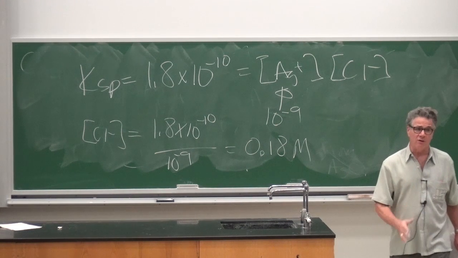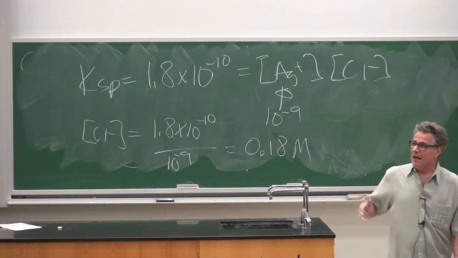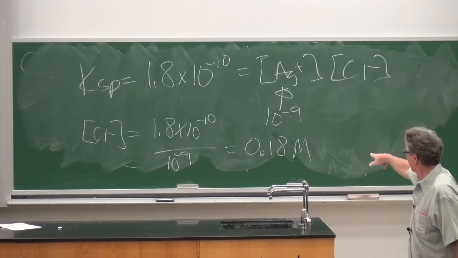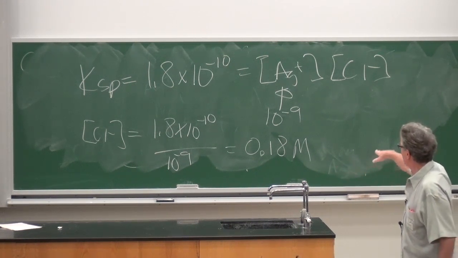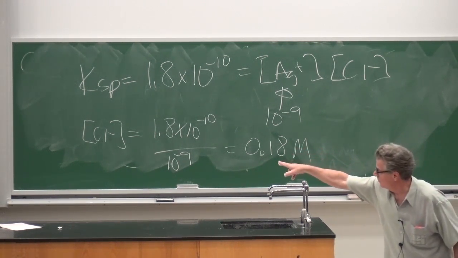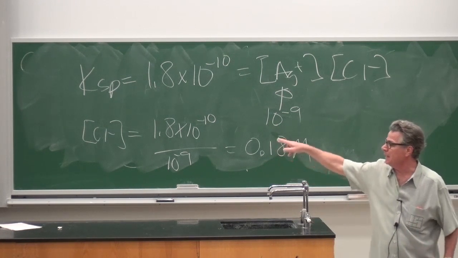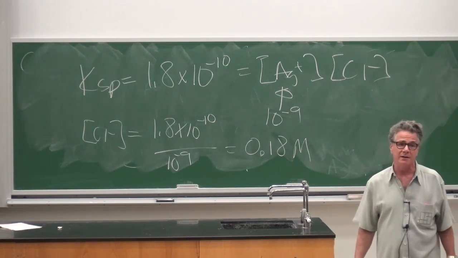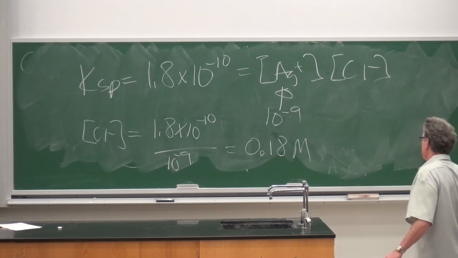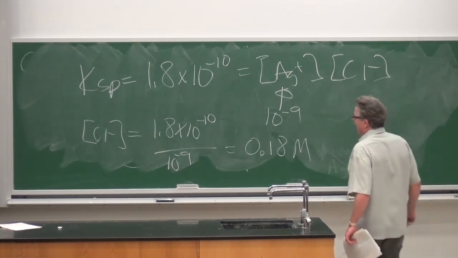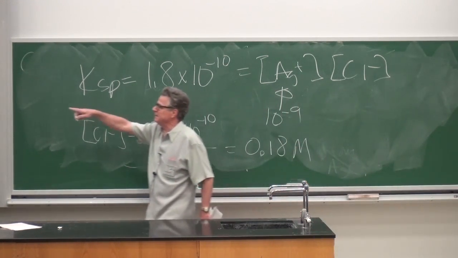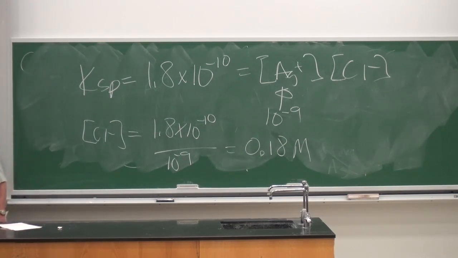So, what did we just learn? By controlling the chloride concentration, I can adjust the concentration of silver remaining in that beaker to any value I want. But you can see that I said I could live with it being 10 to the minus 9 molar.